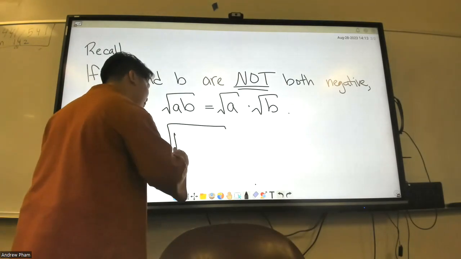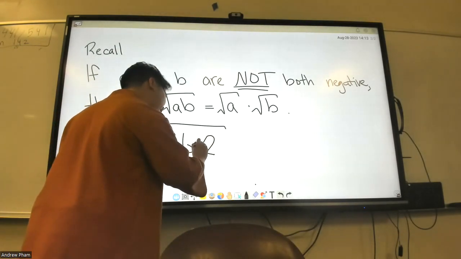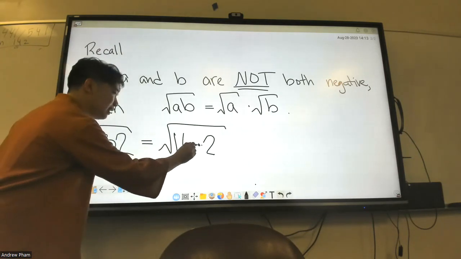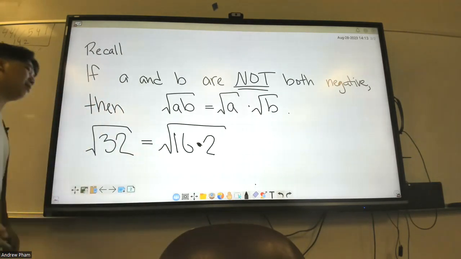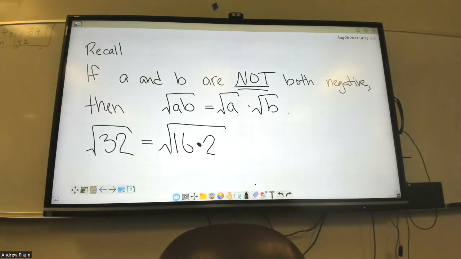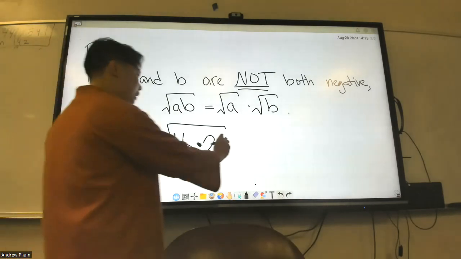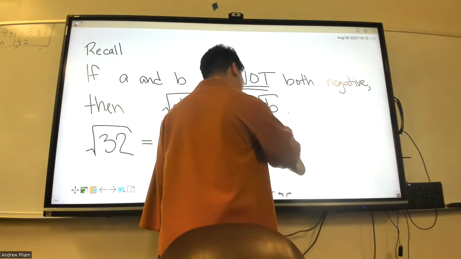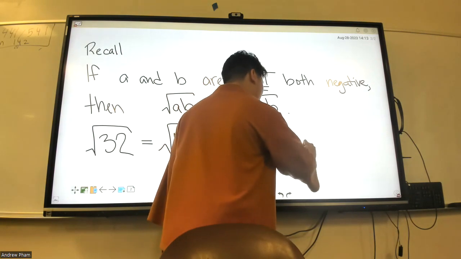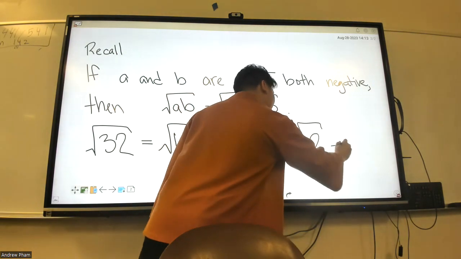So that means I can still write this here as the square root of 16 times 2. Well, by my rule that I've had here, I'm allowed to split apart my square root and write this as the square root of 16 times the square root of 2.